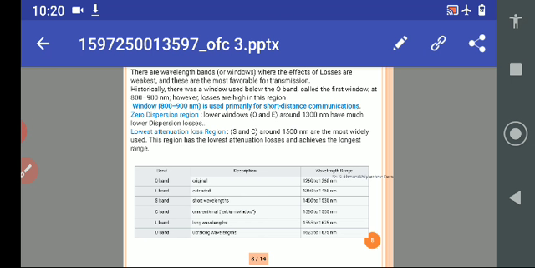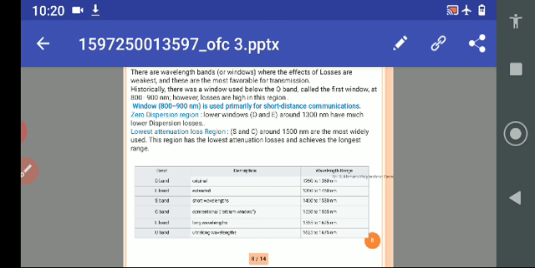So there are different bands, which indicate a certain set of wavelength ranges. There are different wavelength bands where the effect of losses is the lowest, and these are most suitable for transmission.